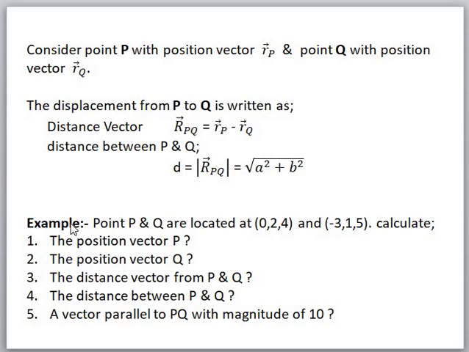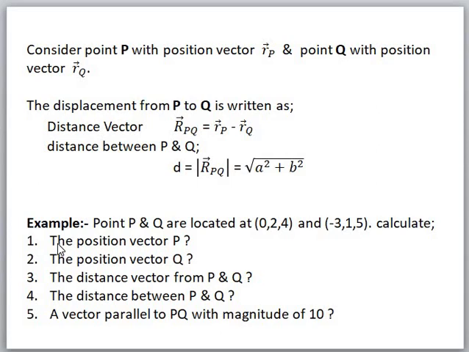For example, given any two points P and Q located at (0, 2, 4) and (-3, 1, 5).